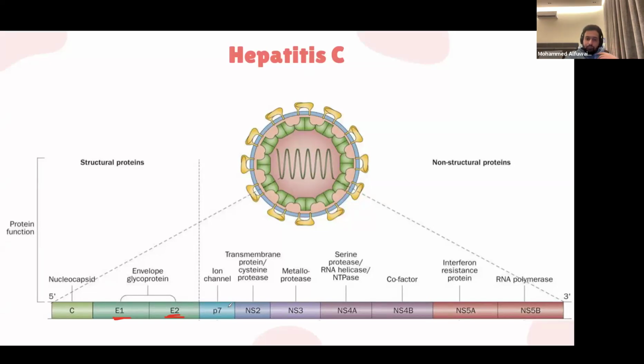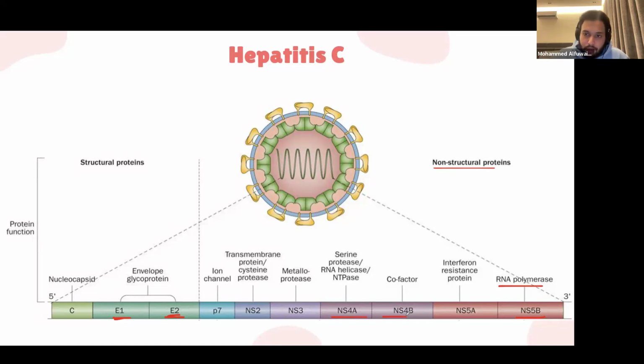For non-structural proteins, the one I want you to remember is NS5B, which encodes the RNA-dependent RNA polymerase. There's also NS5A. Then you have NS4A and NS4B, which are for the protease. Why is this important? It's for the drugs used against them.